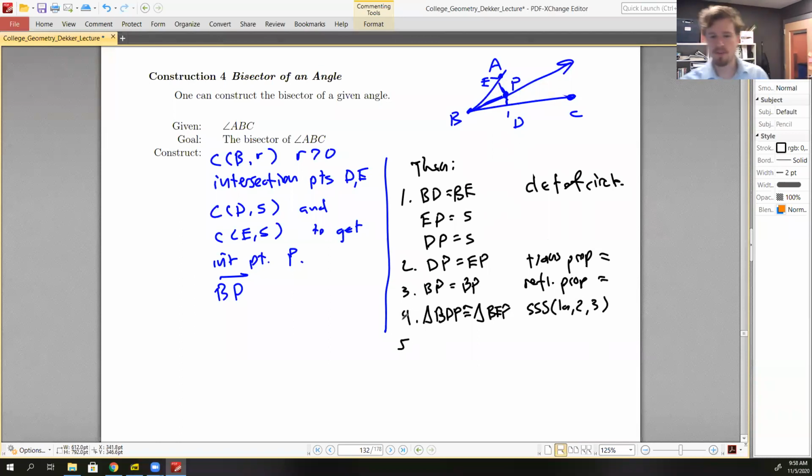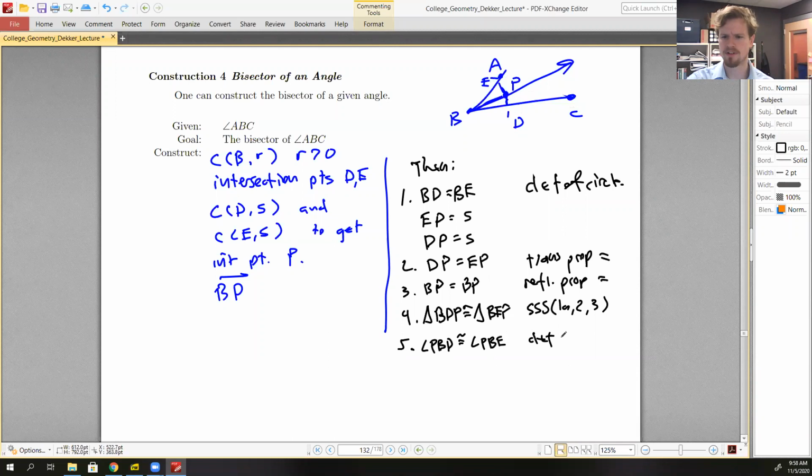Now that we have congruent triangles, we have that this angle measure and that angle measure must be the same. So angle PBD is congruent to angle PBE.